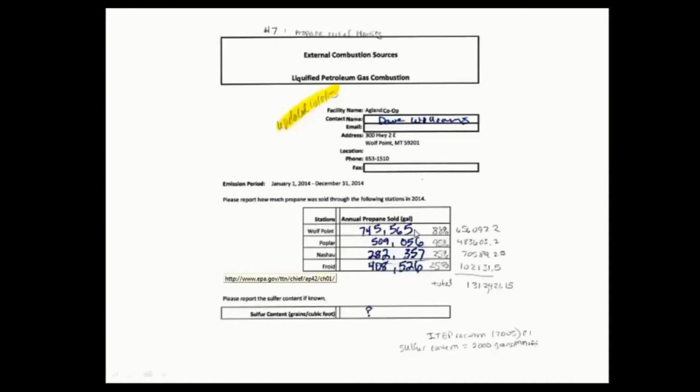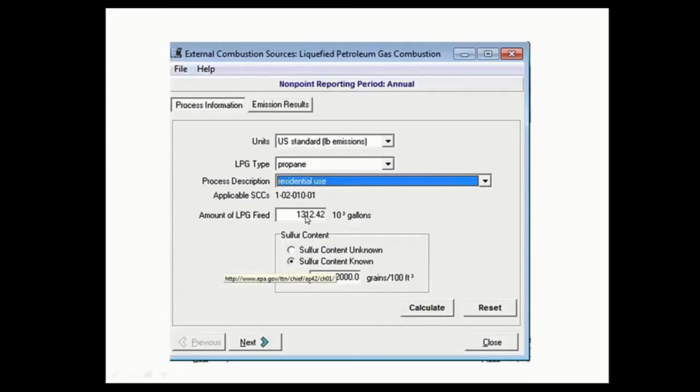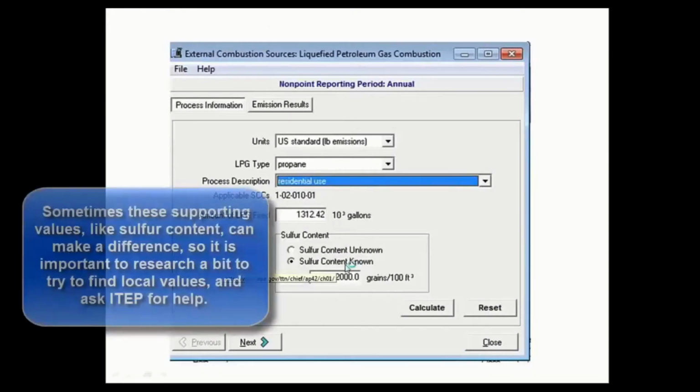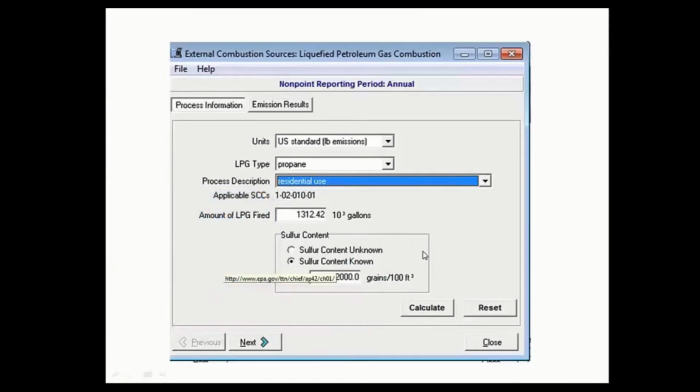Wolf Point has a lot of their sales going across south of the Missouri, off the reservation, so we cut down those estimates, came up with the total, and then added that in the calculator. I never did really get a sulfur content, but Angela, during our QA/QC process, found me a content number to throw in there, and it did make a big difference in the calculations.